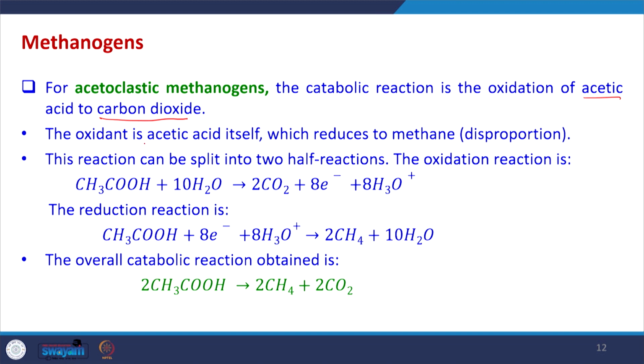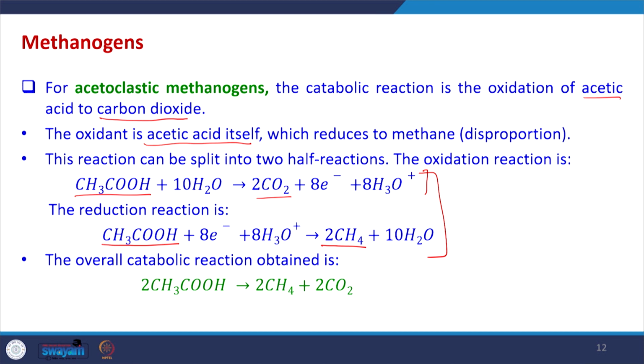The oxidant is acetic acid itself which reduces to methane. So, we can write the half reactions for this, these two half reactions are written, and we can see the acid itself is getting reduced to methane, whereas in the oxidation reaction the acetic acid is getting oxidized to CO2.